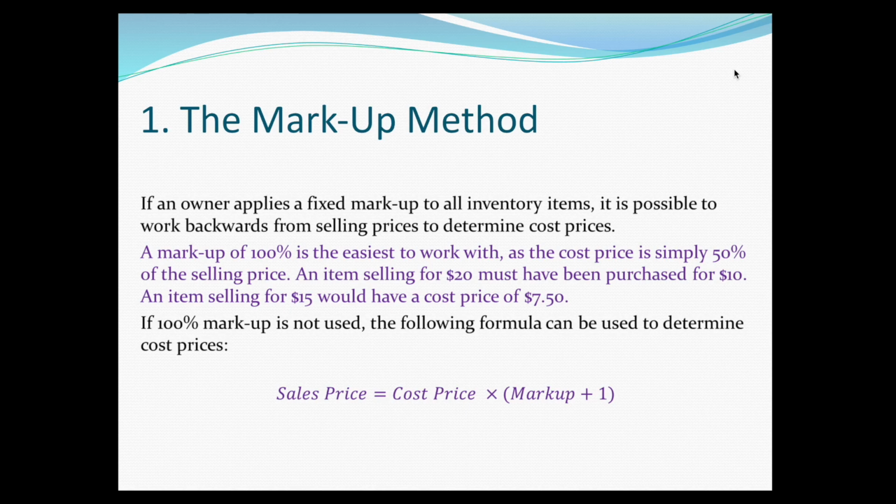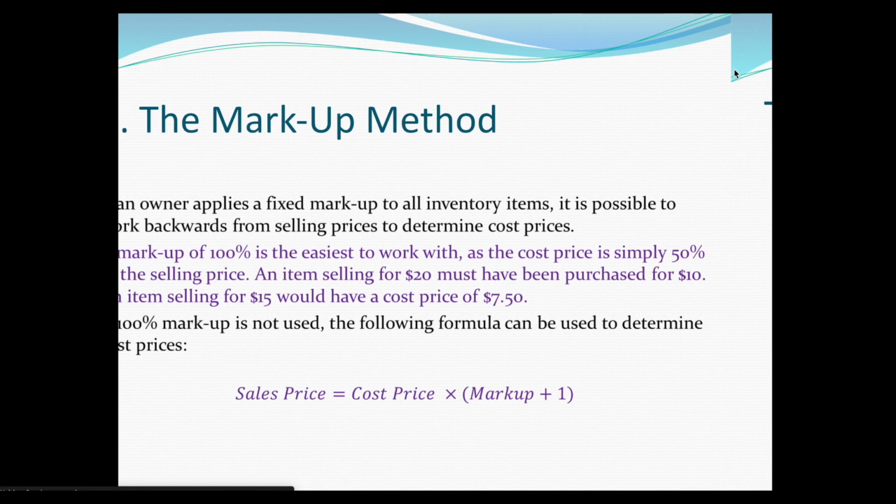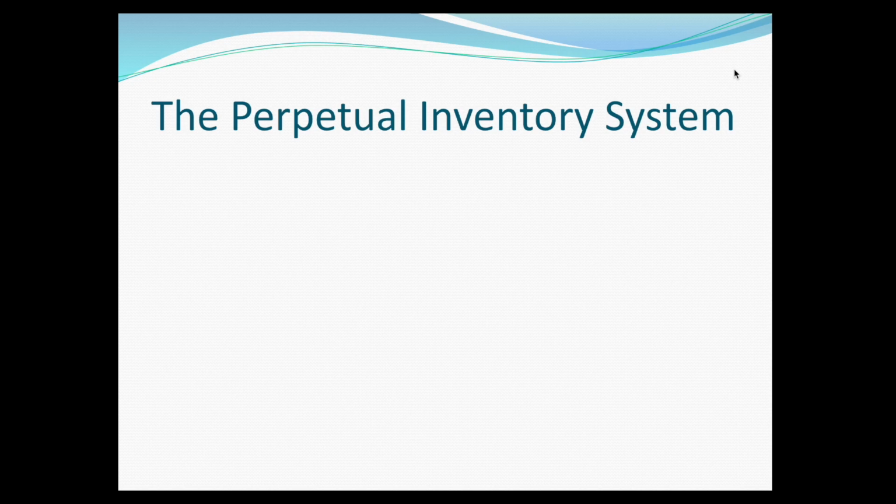So let's say I want to mark up an item by 50%. I do the cost price multiplied by 1 plus 0.5 to get the sales price. As simple as that.